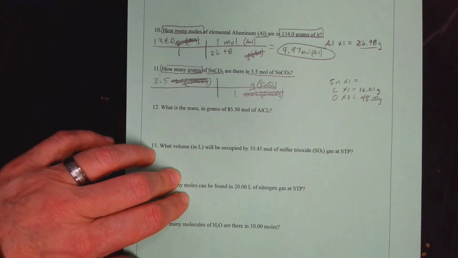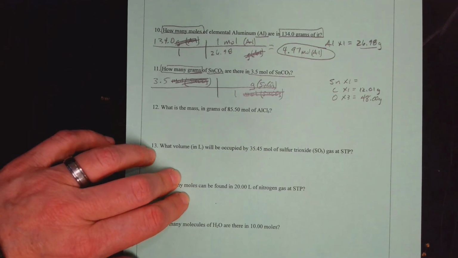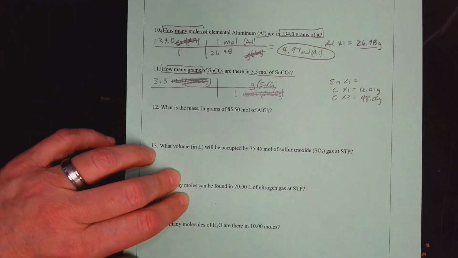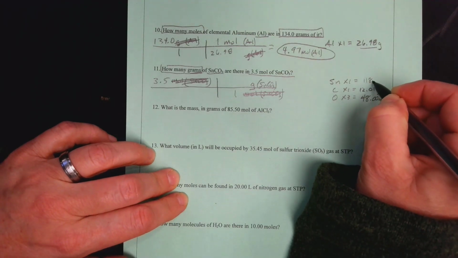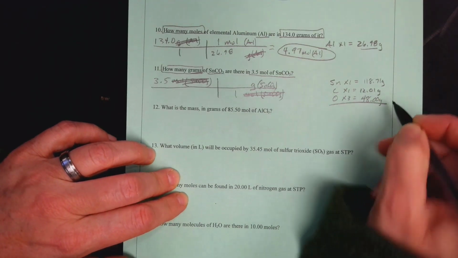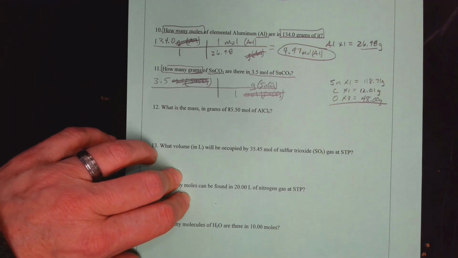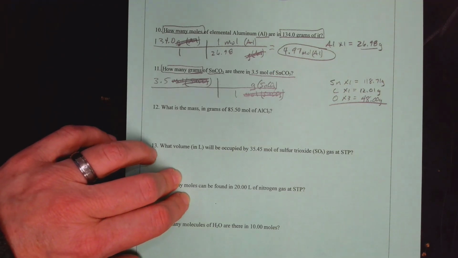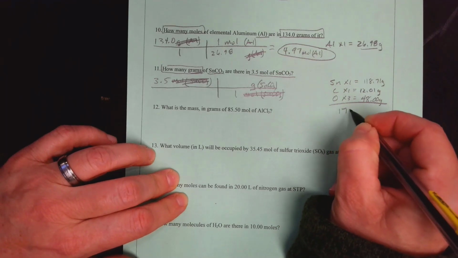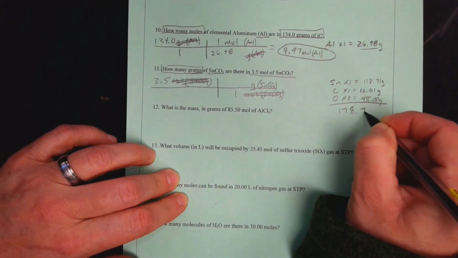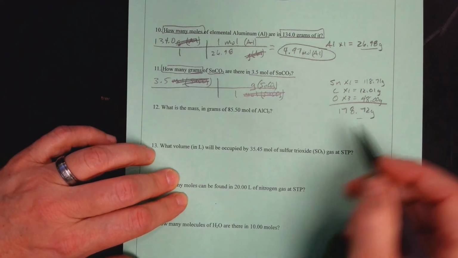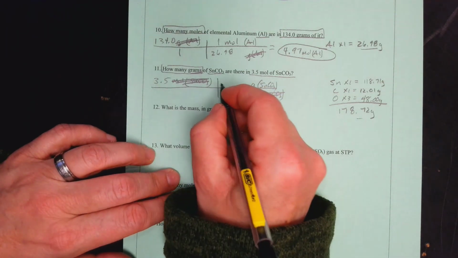And if I look up tin on the periodic table, I know that it has an atomic mass of 118.71 grams. So if I add those things together, I end up with 178.72 grams.